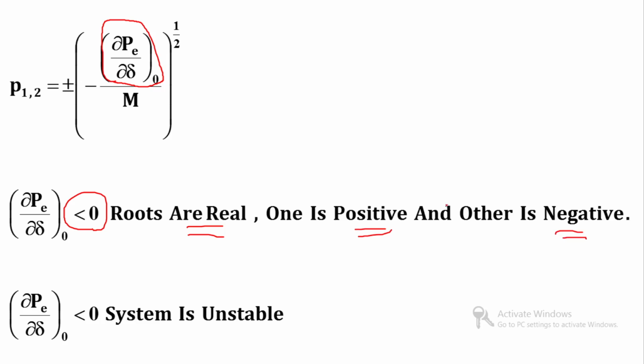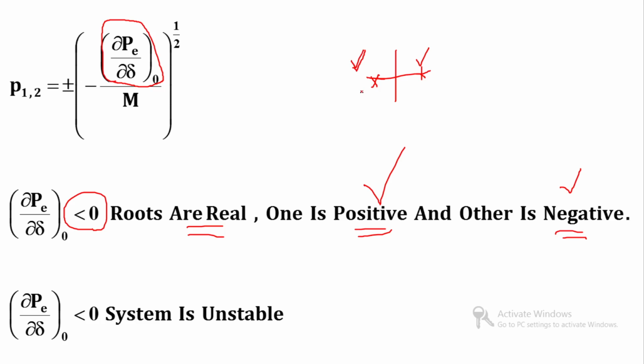So one root is positive and one is negative, but we also learned that to make the system stable, all the roots of the equation must be on the left half of the plane. But here one root is positive, that means on the right hand side, and the other root is on the left hand side.